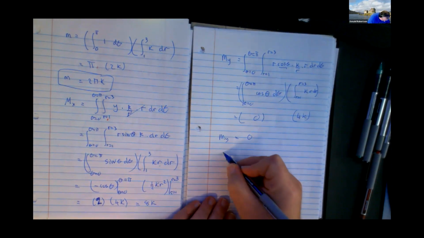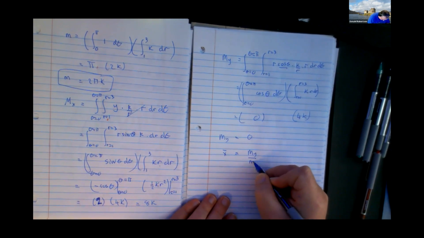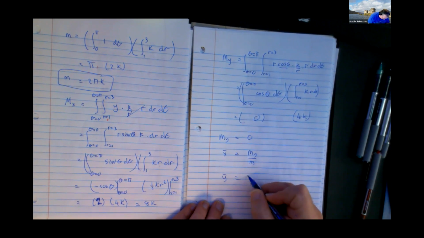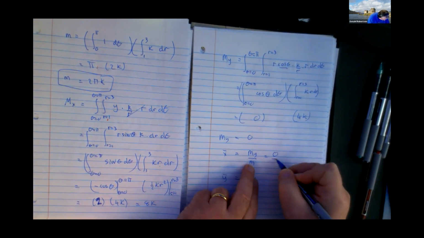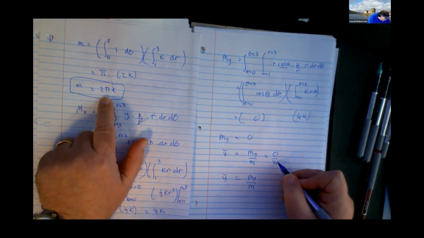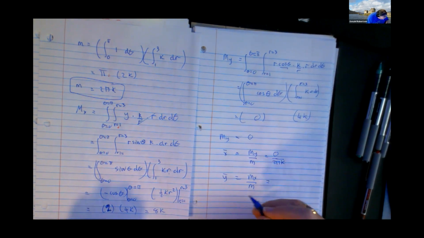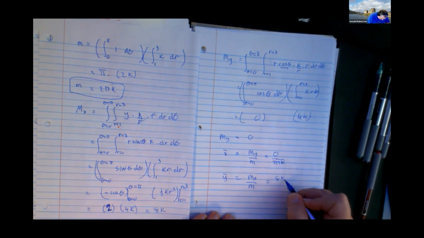Now, almost finished. Is an x bar that fella, and y bar that fella. And this guy is 0 over, I put a box around it, 2 pi k. And this fella is 8k over 2 pi k.